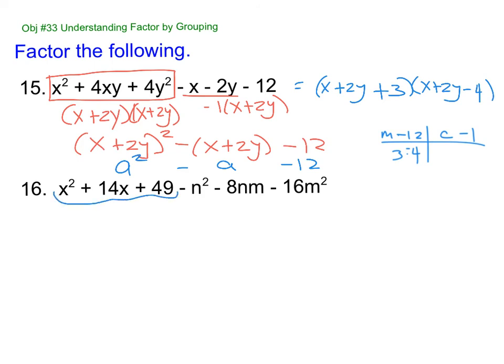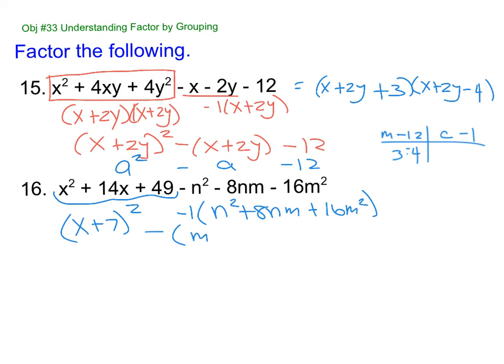Ooh, this one's different. This is x plus 7 squared, right? X plus 7, x plus 7. But the next two, if we try to do an MC chart there, that's not going to work. However, if I factor out a negative 1, n squared plus 8nm plus 16m squared, that is a perfect square also. That's n plus 4m quantity squared.